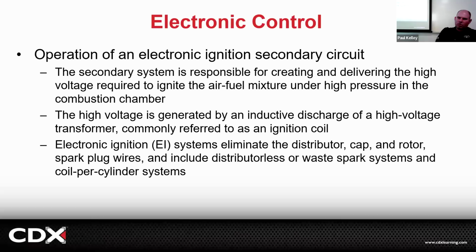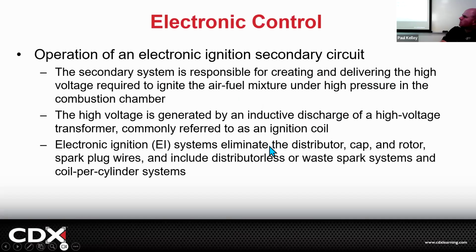I think one more probe for the electronic control. Remember, the secondary ignition system is responsible for creating and delivering the high voltage required, especially when it's under pressure, it's more demanding. So the high voltage is generated by an inductive discharge of a high voltage transformer, which is the coil.